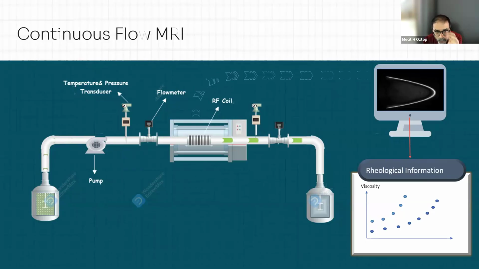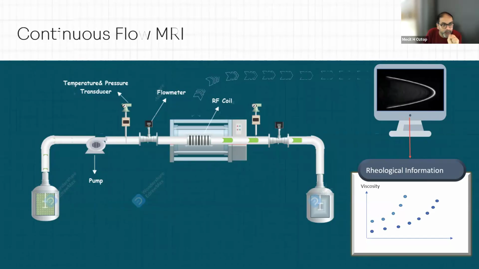So we are extracting the velocity profile as you see in the image, and with time it is also possible that a fluid which starts with a completely Newtonian profile with no yield stress can switch to a fluid with a yield stress, for instance, if the processing conditions are different.